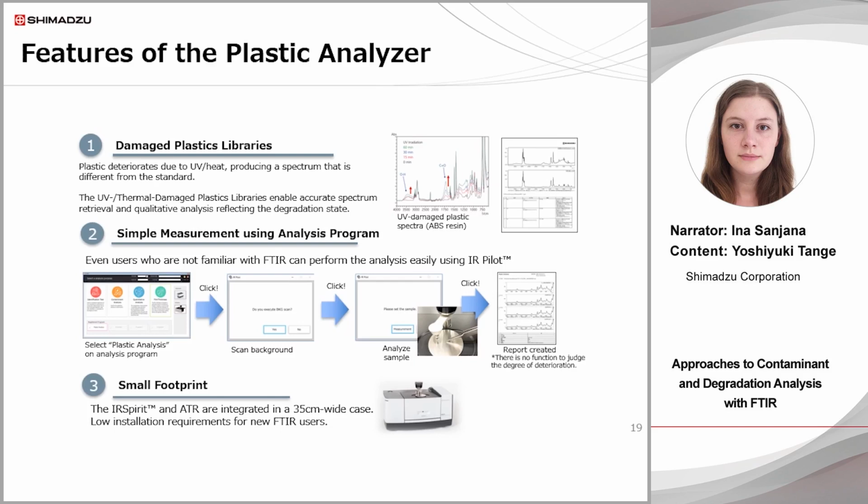In addition, simple measurement using IR Pilot allows even users unfamiliar with FTIR to perform measurements and spectrum searches without having to input detailed conditions. Finally, with the compact FTIR IR Spirit and the ATR integrated into the sample chamber, the footprint of the instrument is the size of an A3 piece of paper.